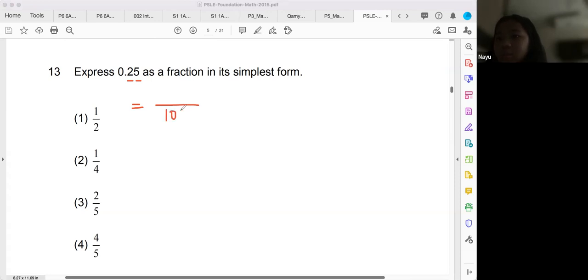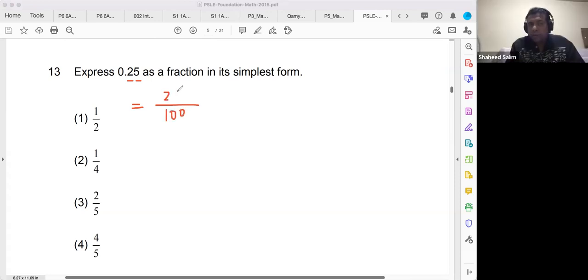Yes, 25 over 100. Good. But now the answer, you must divide. Divide by 5, reduce to lowest terms. Divide by 5, divide by 5, what do you get? 25 divided by 5, what do you get? What times 5 goes 25?